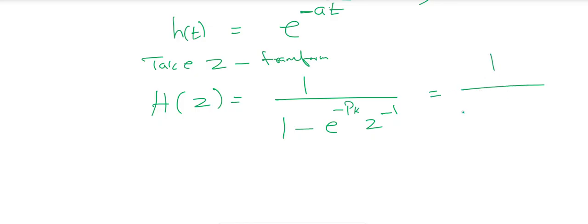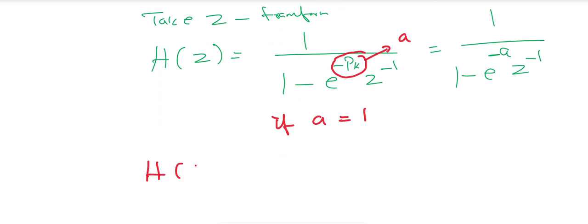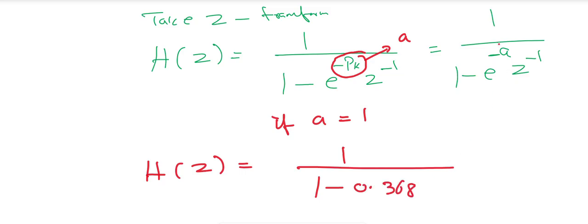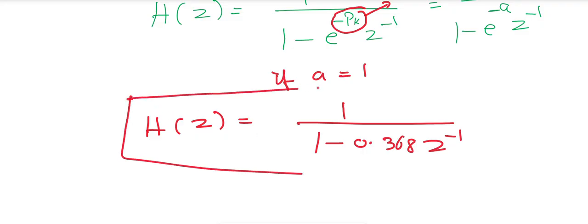So H of z is 1 by 1 minus e power minus a z power minus 1, because the pole p k is given as a. If a is equal to 1, then H of z is equal to 1 divided by 1 minus e power minus 1, that is 0.368 z inverse. So this is the transfer function by using the impulse invariant method.